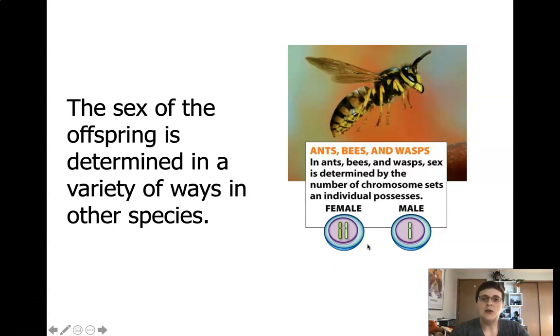But mainly they're going to make eggs that will hatch into diploid females. So it's kind of different in the sense that you don't have two sex chromosomes in order to determine the sex of the insect. Instead, it has to do with the number of chromosomes.